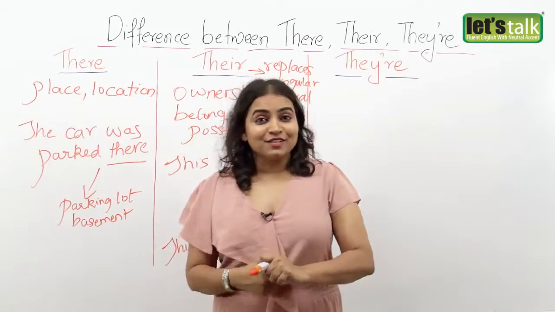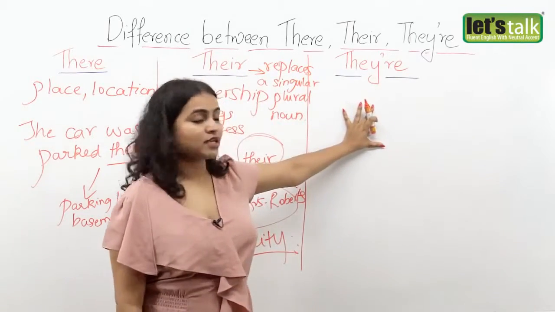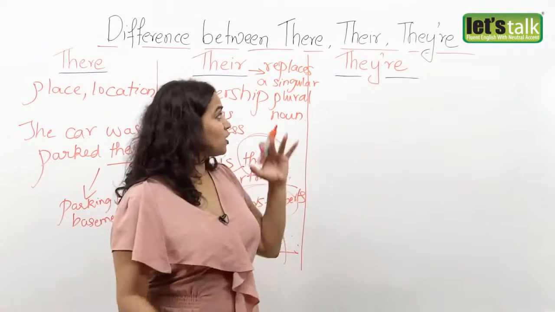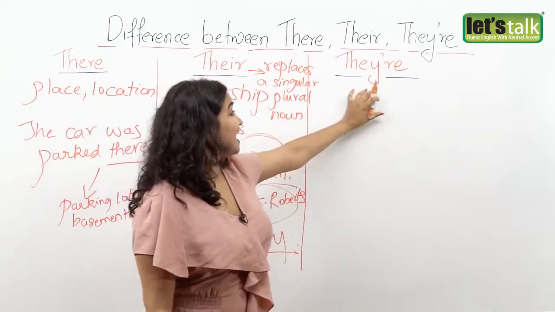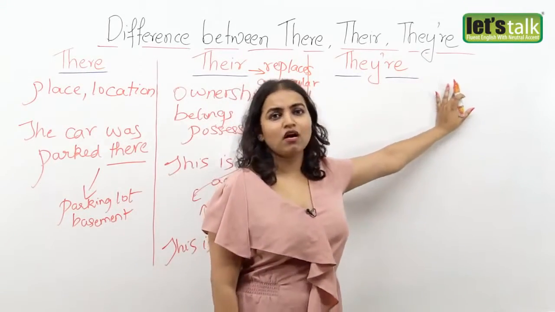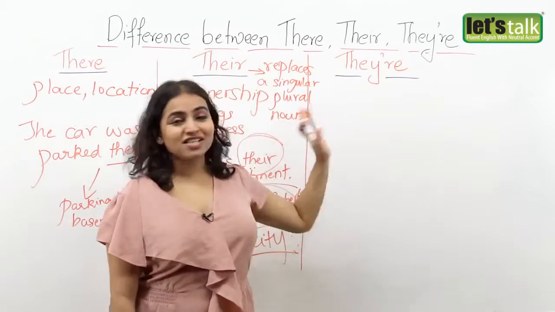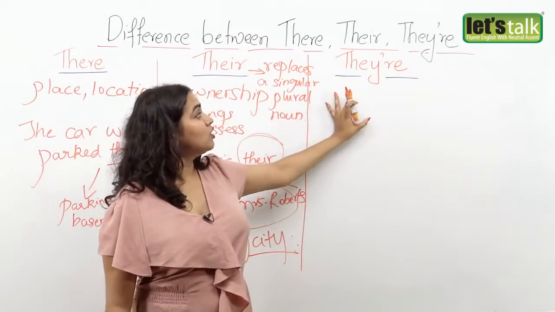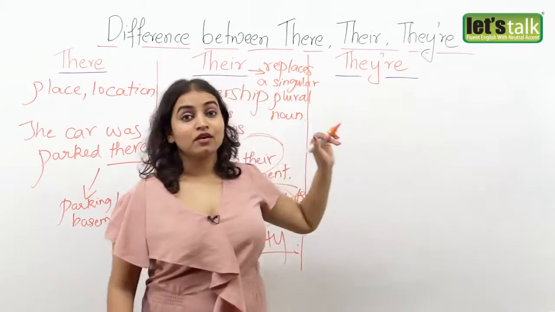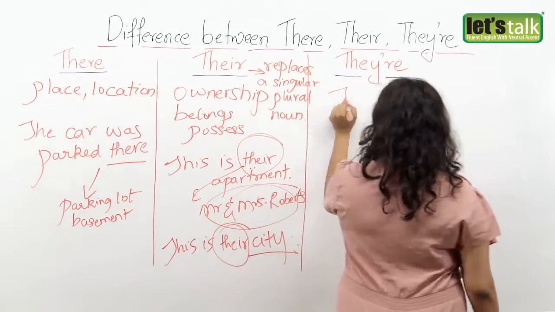Okay, and the third way of using the same word there, but with a whole different spelling, which is T-H-E-Y-'-R-E. Now, just to let you know, this is a different way of saying they are.